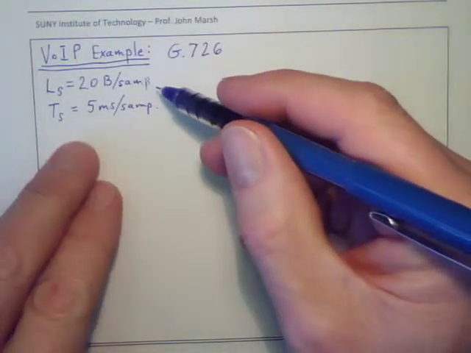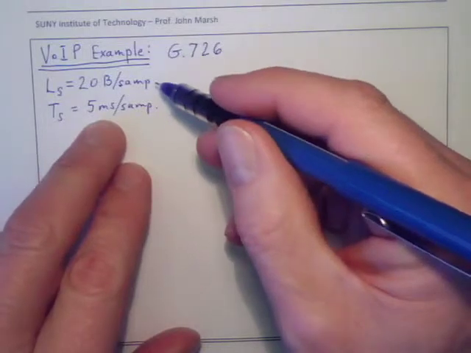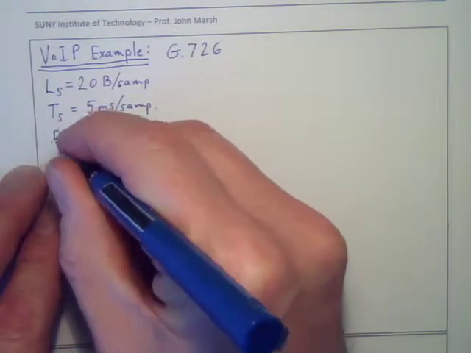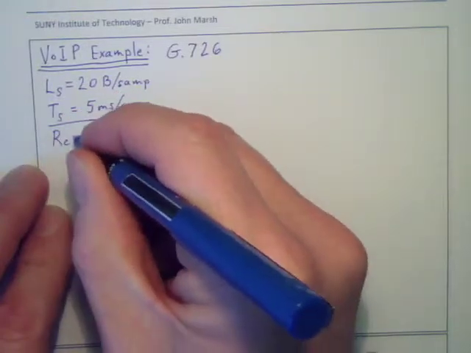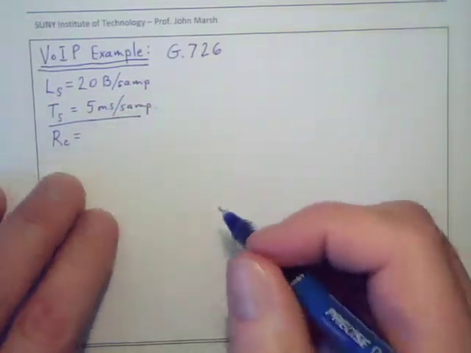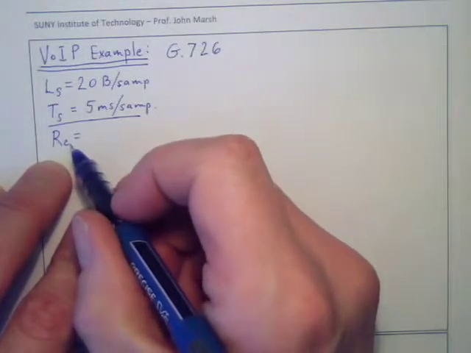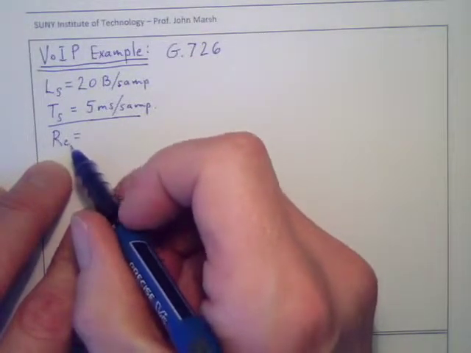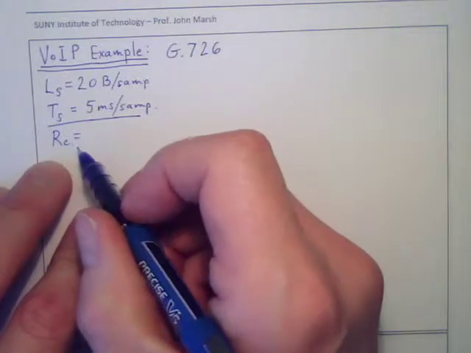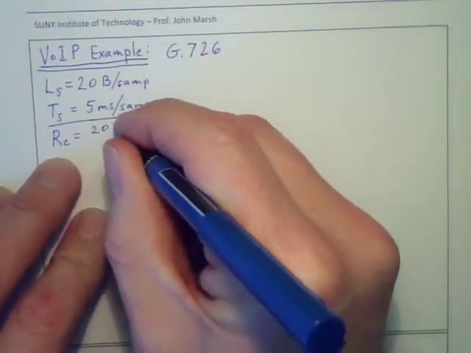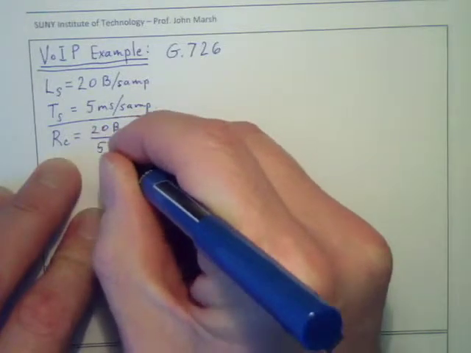We can immediately tell that the codec rate has units of bytes per second or bits per second. We ultimately want bits per second, but I can write 20 bytes over 5 milliseconds.